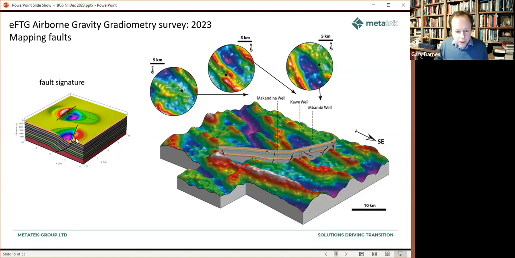And you can see on the left here, looking at the theoretical fault signature in the gravity gradient field, you can see how that has appeared in many different locations in this actual survey data. And what we're able to do is tie in the data with any available 2D seismic data, and from that we can build very, very elaborate, very detailed and accurate 3D geological models.